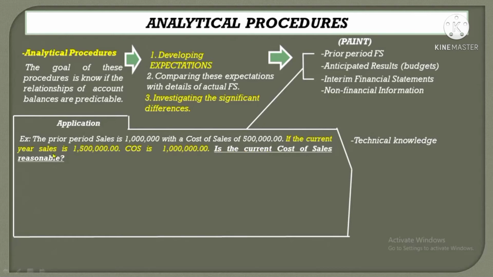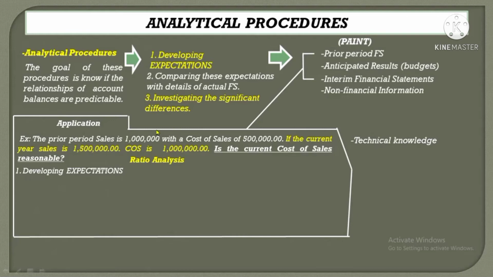That's the question. Now let's have the first step in the analytical procedures, which is developing expectations. But how do we do that? Most practitioners will make use of different techniques, like for example, ratio analysis. So let's use that. In this example, we have to get the cost ratio of the previous year by dividing the cost of sales by the sales of the previous year as the basis.